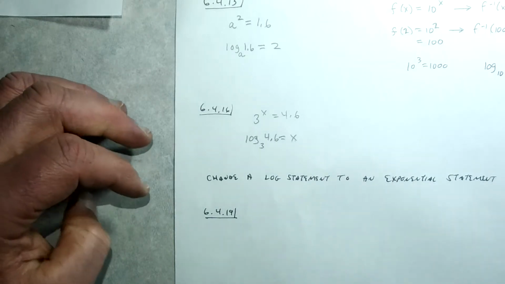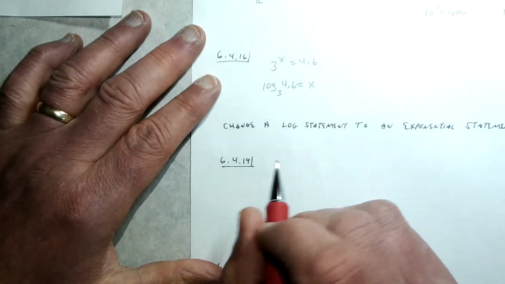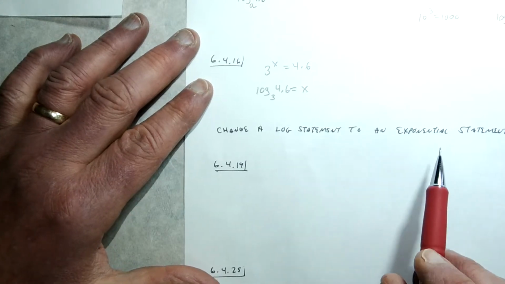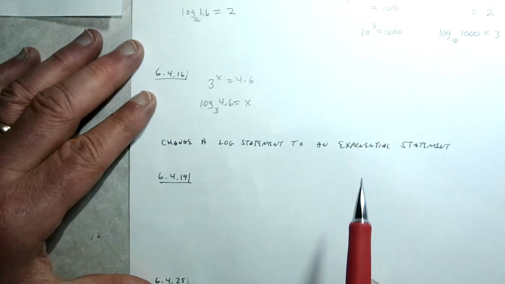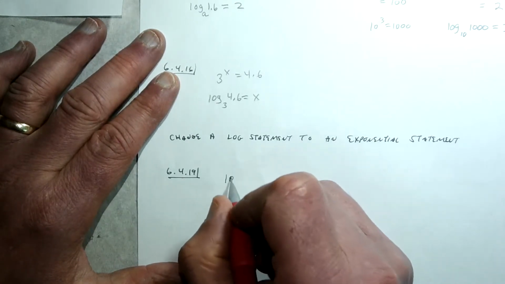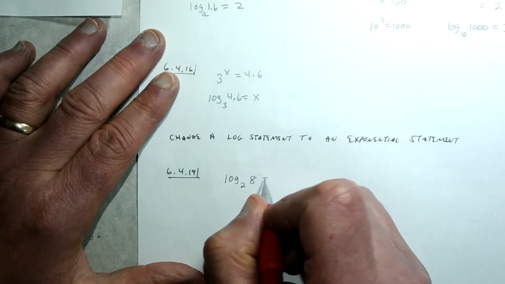Okay, so let's take a look down here, number 19. Now this time we're going the opposite direction. We're going to start with a log, and we'll go to an exponential. So in this case, we have the log base 2 of 8 equals 3.